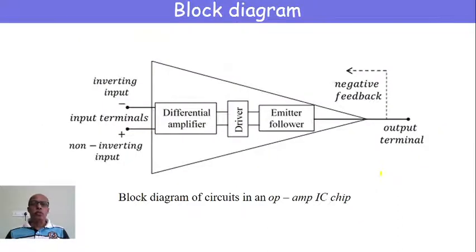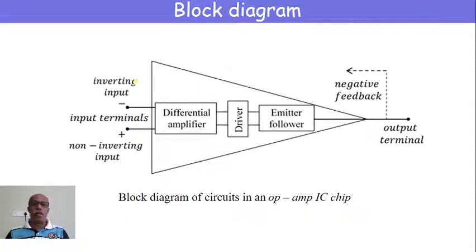Coming to the block diagram, this represents the block diagram of an operational amplifier. As I said, it has two input terminals: one is the inverting input and the other is the non-inverting input.